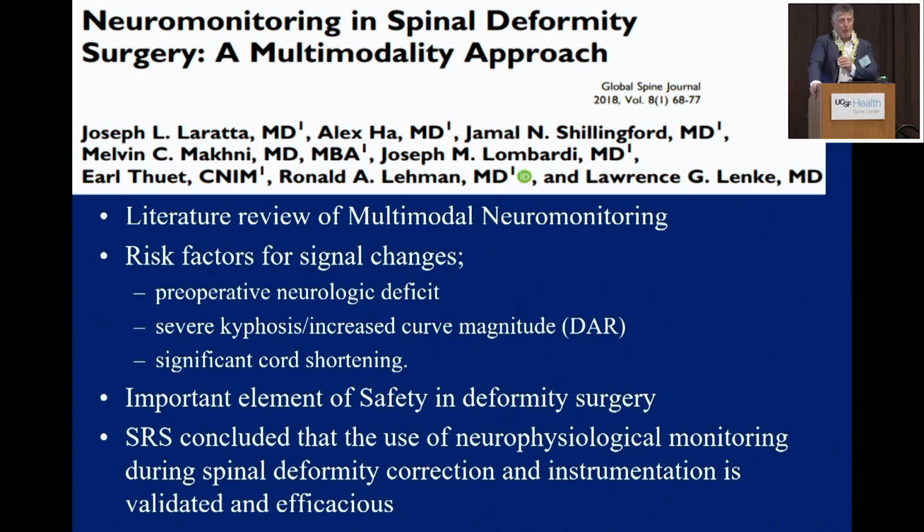Well, certainly patients with a preoperative neural deficit, patients with a sharp deformity, right? So the deformity angular ratio being sharp, either in the kyphotic plane or in the coronal plane. And when we're doing significant cord shortening, that can also be a risk factor for neuromonitoring changes. And we recognize this is an important part of safety in deformity surgery.